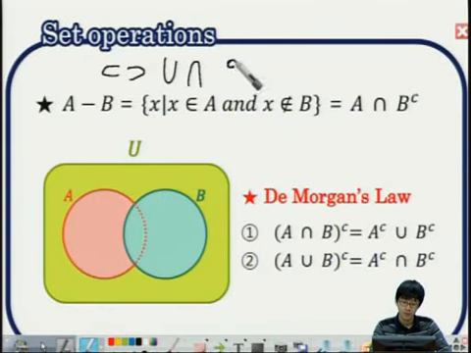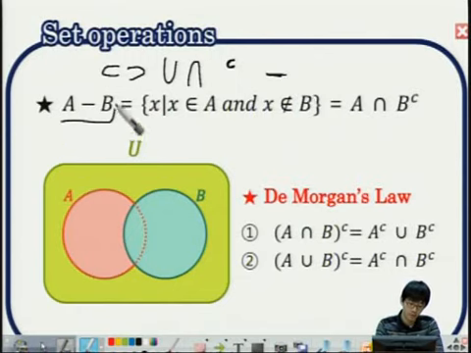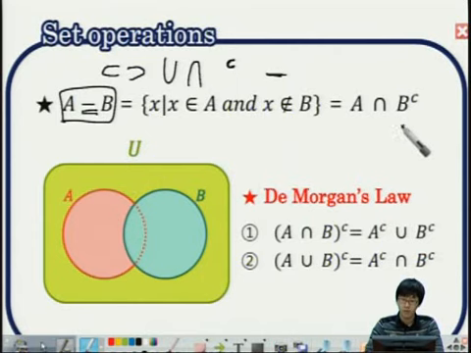And we learned about this small c on the upper right, and this was the complement set. And this minus sign is the difference set. This is not totally the same as the minus we use in algebra, but this is different. This means something different. This is the same as this thing.